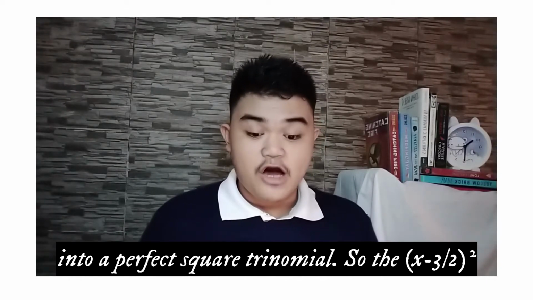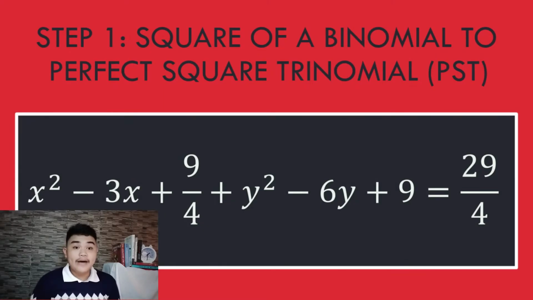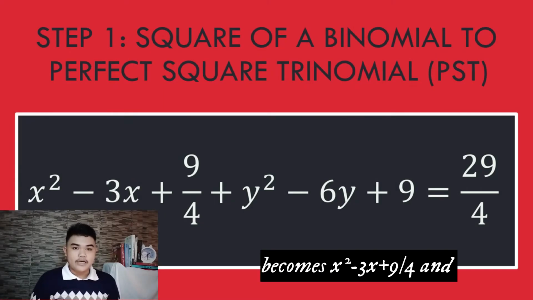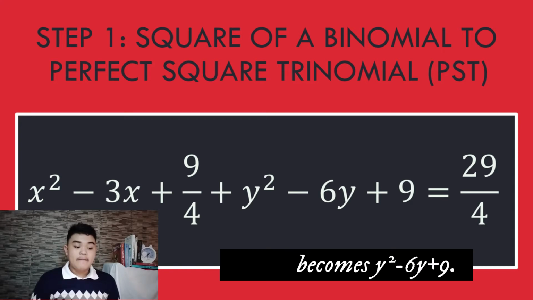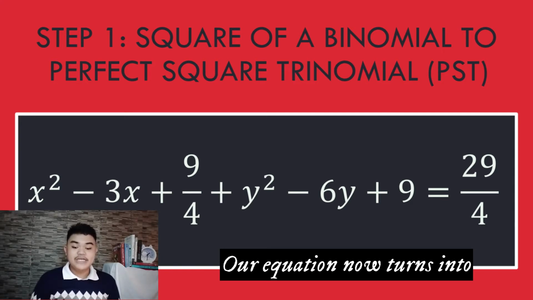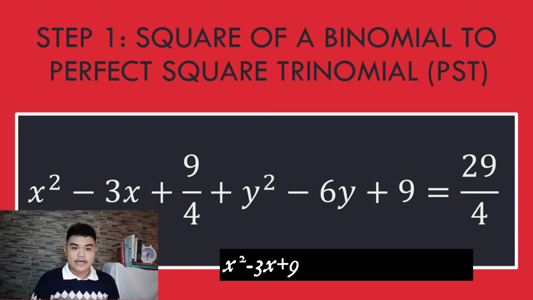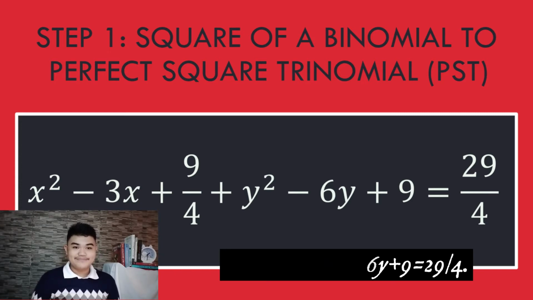So, (x - 3/2)^2 becomes x^2 - 3x + 9/4, and (y - 3)^2 becomes y^2 - 6y + 9. Our equation now turns into x^2 - 3x + 9/4 + y^2 - 6y + 9 = 29/4.